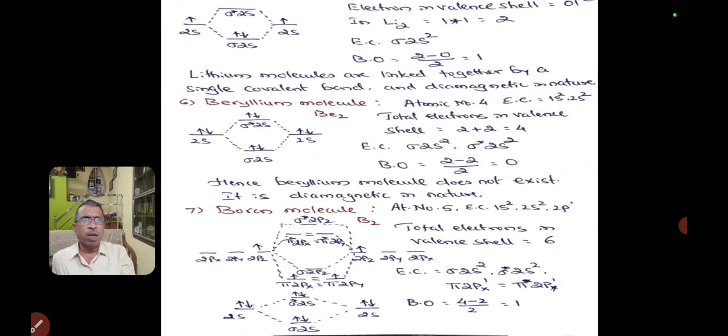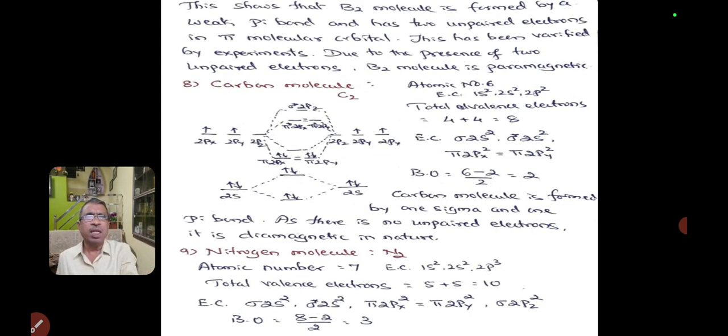So, the bond order becomes (4 minus 2) divided by 2, which is 1. This shows that there is a single bond between the 2 boron atoms. This has been verified by experiments. Due to the presence of 2 unpaired electrons, the boron molecule is paramagnetic in nature.